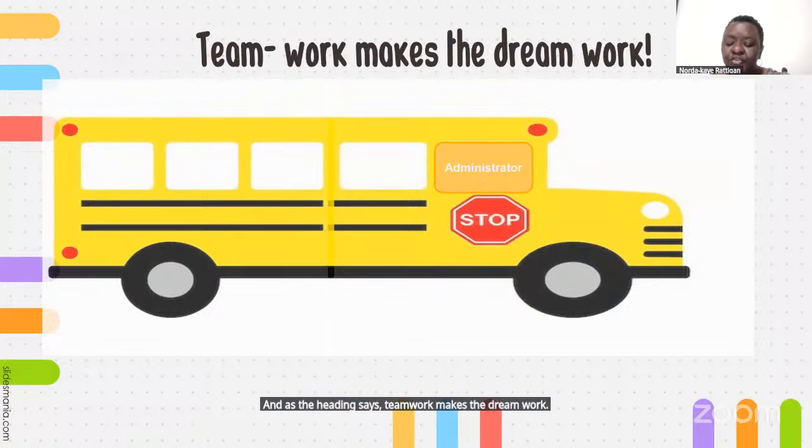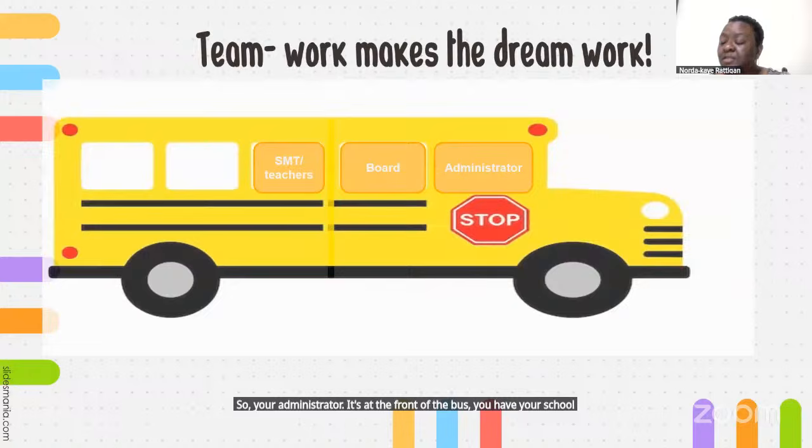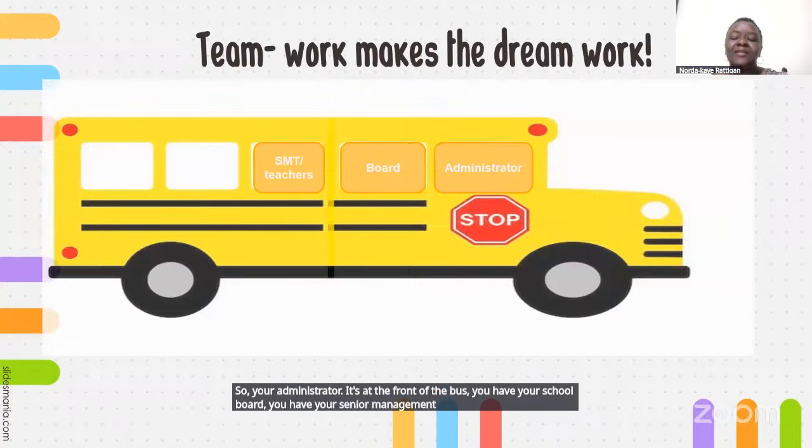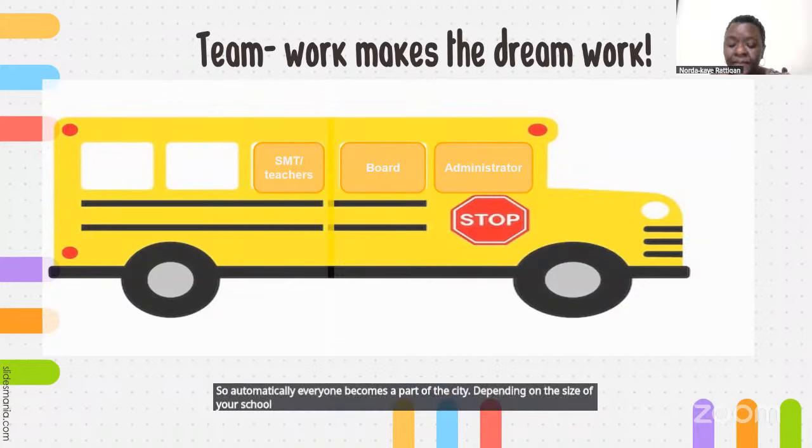Your administrator is at the front of the bus. You have your school board, your senior management team, and teachers that are capable of contributing to this process. Sometimes in a small school, you may have just 6 of you in the school, so automatically everyone becomes a part of this SIP team. Depending on the size of your school, you may have up to 10 members in your team.